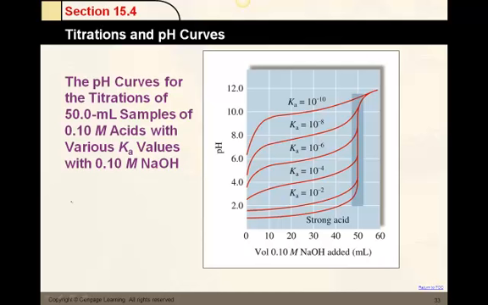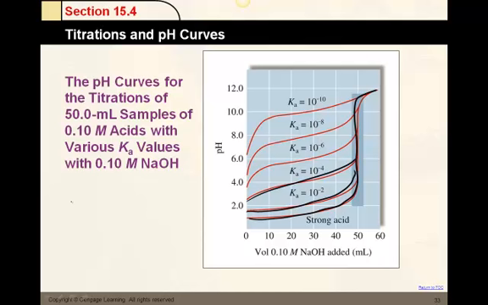In general, as the Ka value decreases, the curve will look different. You notice for the strong acid, see how flat it is, a lot of buffering, and then a huge jump. As the Ka value gets less, this is a little bit more curved. You see, even in the beginning.